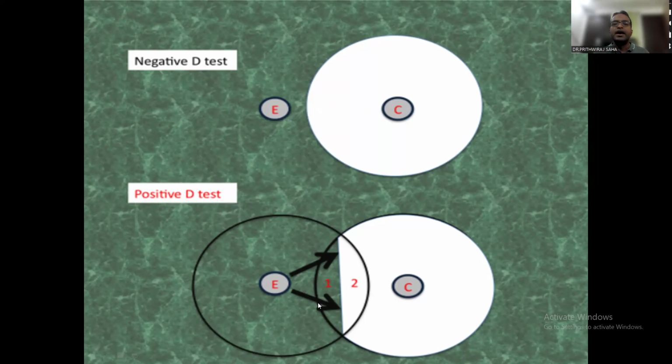Clear? But in this category, when erythromycin was penetrating to the zone of clindamycin, then what it does is that in this zone it induces the resistance to clindamycin in the bacteria.